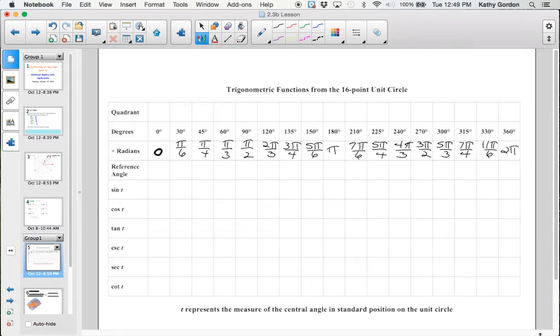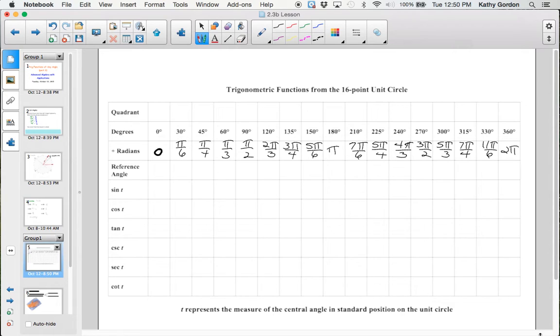So now that we've got the whole circle up there, do you see any patterns emerge? The denominators on the two sides are in the same order. And even within each half, what's happening with the denominators? 6, 4, 3, 2, 3, 4, 6.